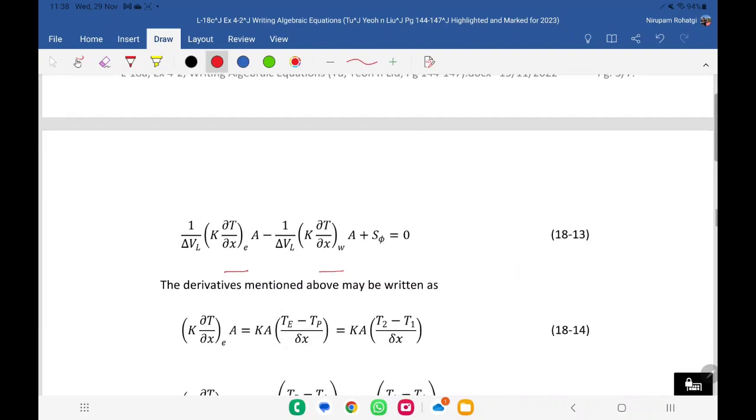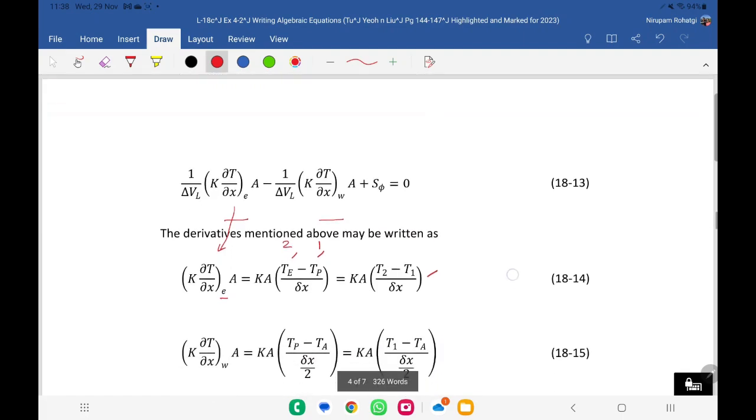Now when you write this, the derivative at E is to the right. To the right is your Te minus Tp. Te is on the right, Tp is the current point. This is 1, this is 2. So this is 2 minus 1 divided by delta x.